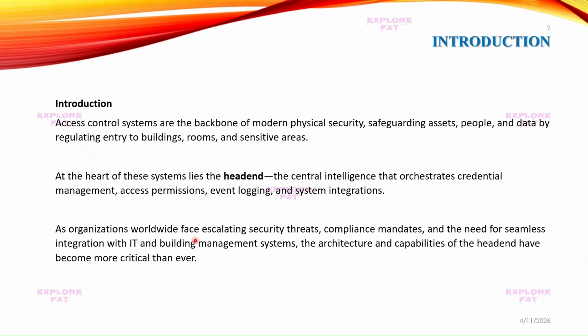As organizations worldwide face escalating security threats, compliance mandates, and the need for seamless integration with IT and building management systems, the architecture and capabilities of the head end have become more critical than ever. This is just for securing our premises, our entry, our exit, our people. Okay, next slide.